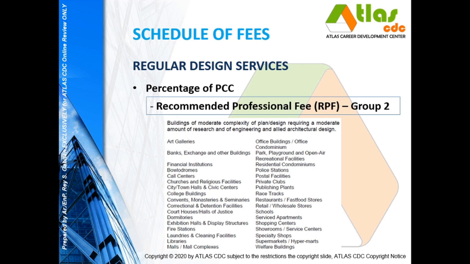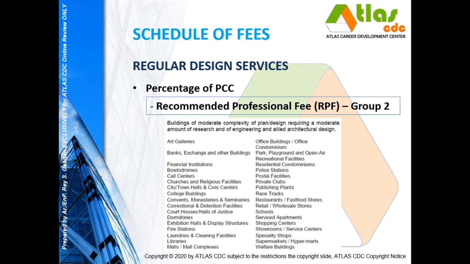So how do we determine buildings that will include under Group 2? Basta tandaan natin yon. Commercial, recreational, institutional, ano pa ba? And multi-story residential.